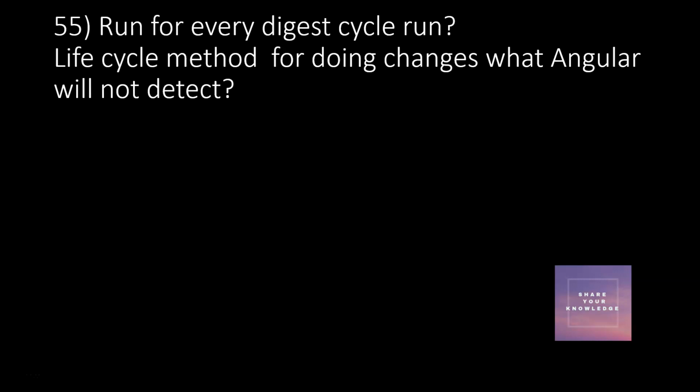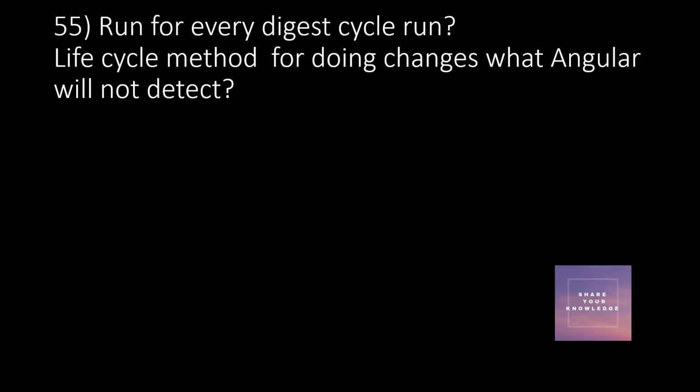The digest cycle is responsible for binding the values in the view to the component class, or the class to the view. So these two are bound. Whatever is changed in the view is getting changed in the component class. This is happening because of the digest cycle. So this digest cycle will be run by Angular every time Angular feels that some change is possible.